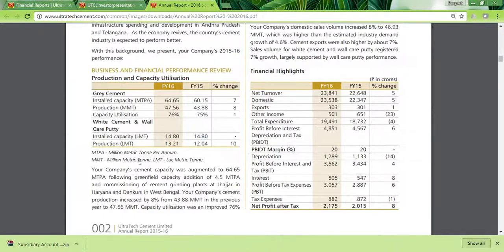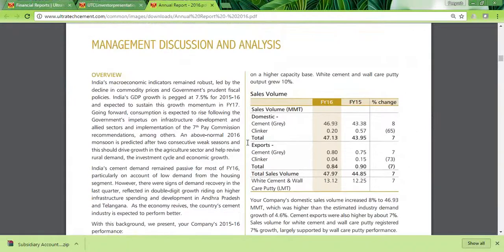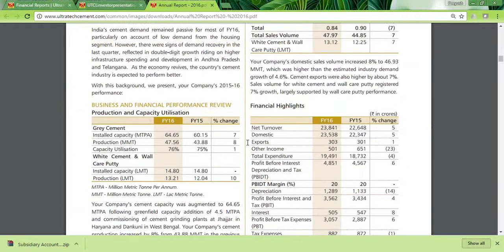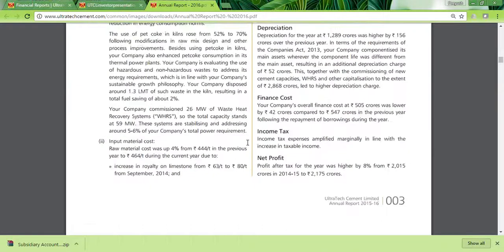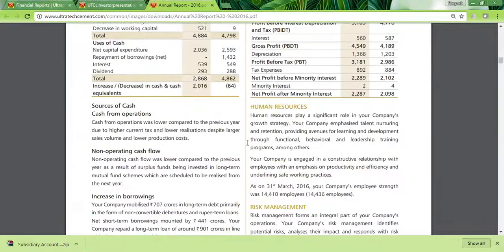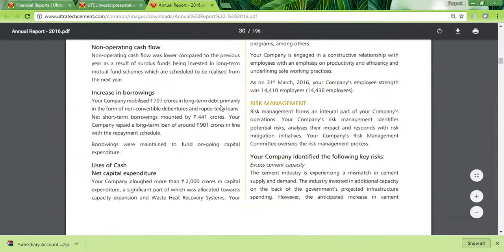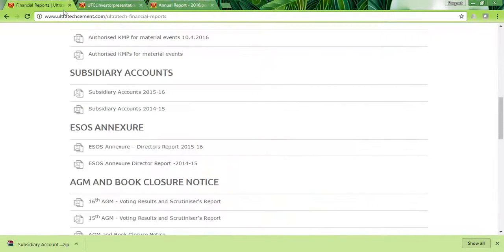Remember, in the standalone data they'll probably have both the gray cement and white cement data, so we need to just include that. The realizations might be different, but we are combining the two, right? So that's the capacity data that we have. This is from the 2015-16 annual report.